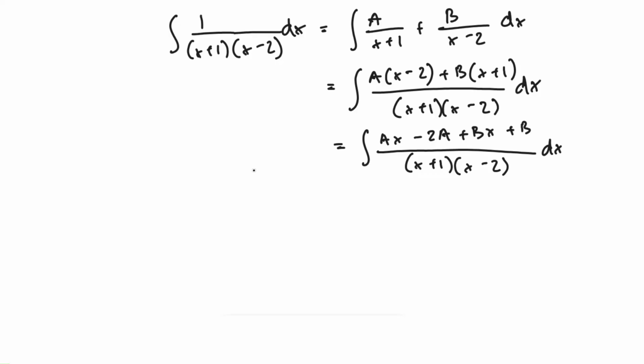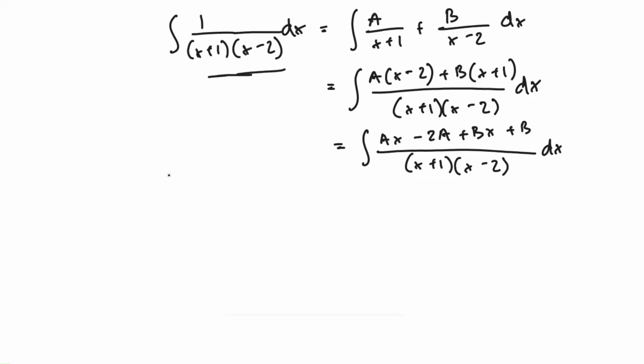Okay, so this is the original integral, and this is the integral we want to make. You see the bottom of the original integral is the same as the bottom of the result. And for the top, we need to balance it.